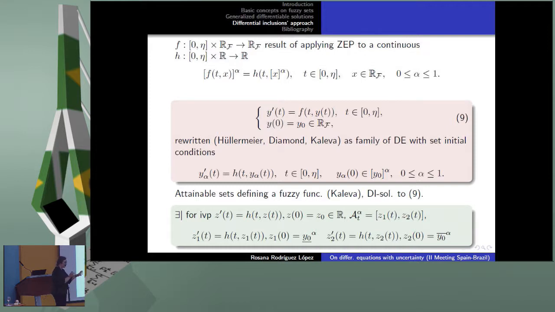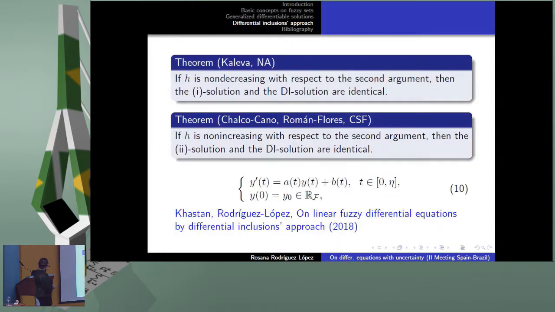So just using the endpoints of these intervals, if the h has good properties, we can compare the solutions from the differential inclusions approach with the 1 and 2 solutions. For example, if h is non-decreasing with respect to the second argument, the solution from the differential inclusions approach and the solution from the H-difference approach are exactly the same.